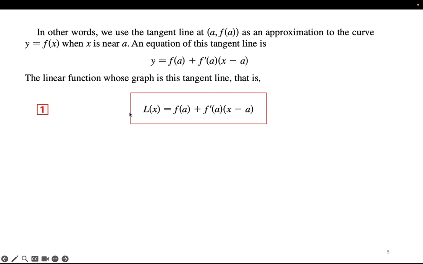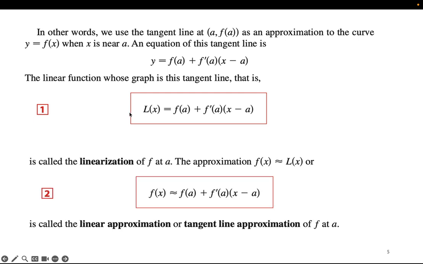And this is called the linearization of the function at a. Again, this is not supposed to be complicated, in the sense that this is exactly the same thing as the tangent line. We already talked about tangent lines previously. If I can find the equation of the tangent line, I can use that tangent line as an approximation for my function f of x. So in other words, f of x is approximately L of x, where L of x is the tangent line.